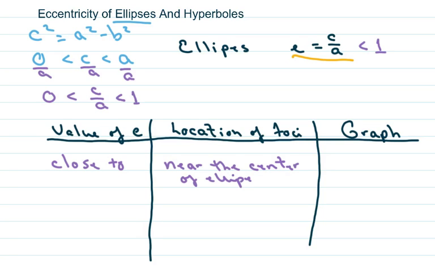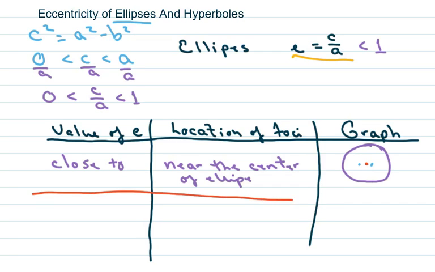So basically, if I draw a circle here, well, this is going to be an ellipse, but close to a circle. So here's my center, and my foci are very close to the center, then it almost looks like a circle, so it defines the shape.